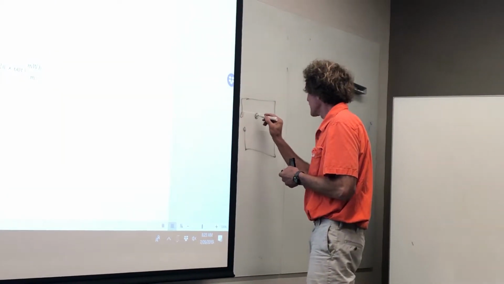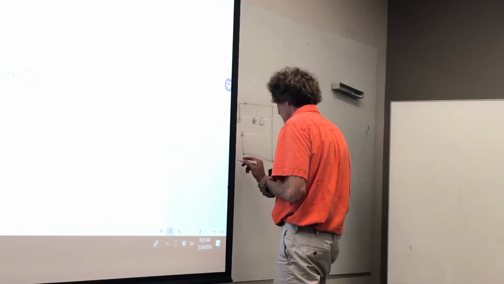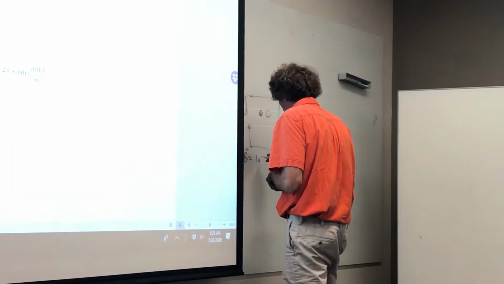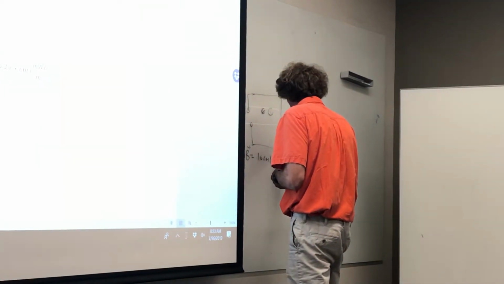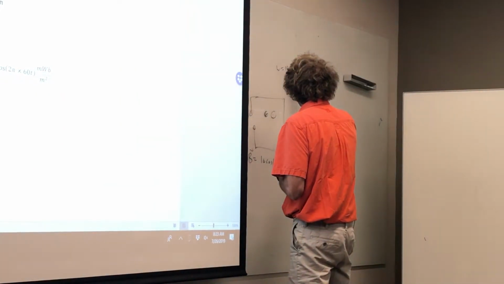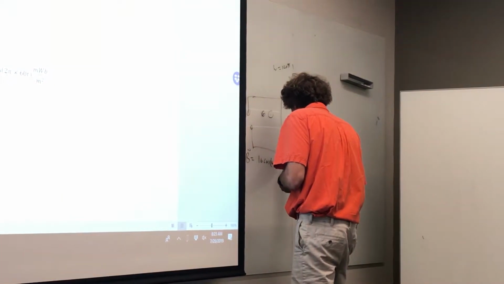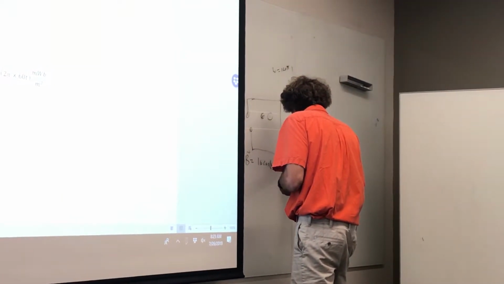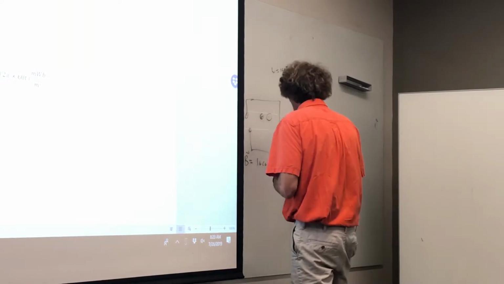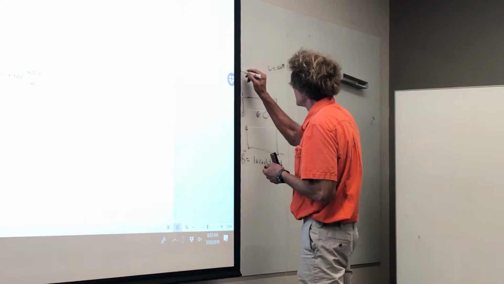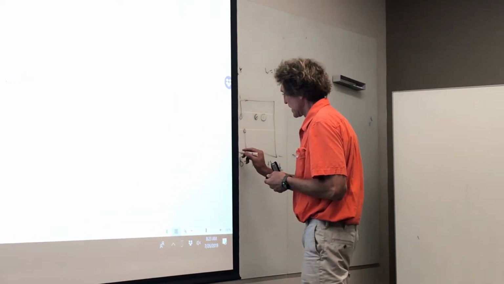And it's coming out of the paper. And what was the B field again? 10 cosine of 120 pi t. I'm just going to say omega is 120 pi. So omega t, in milliteslas. You can add a coordinate system if you want. You can call that y, call this z, and x coming out of the board.